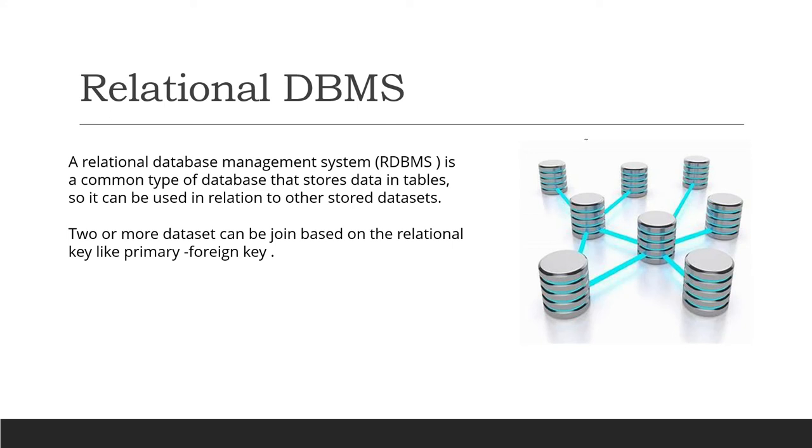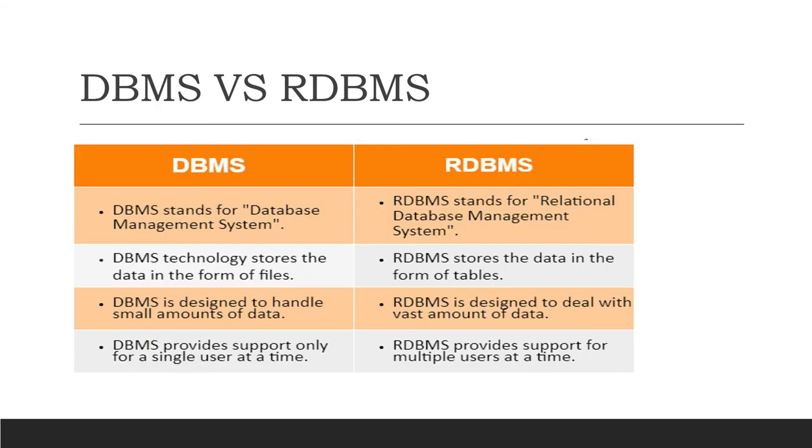It is a common type of database that stores data in the form of tables, and it can also be used in relation to other stored data sets. Two or more data sets can be joined based on a relational key like a primary key or foreign key. We will discuss in detail how to define a primary key, how to join tables, and all the information in my next video. Now let's move to the difference between DBMS and RDBMS.